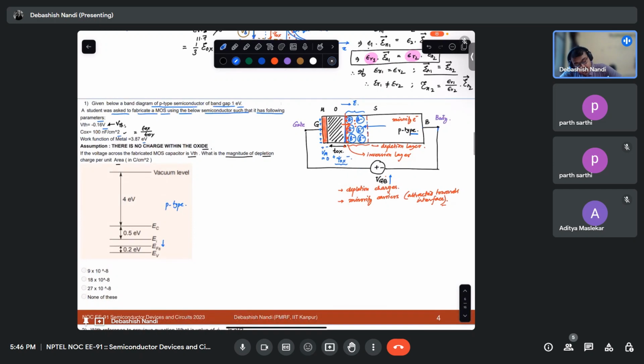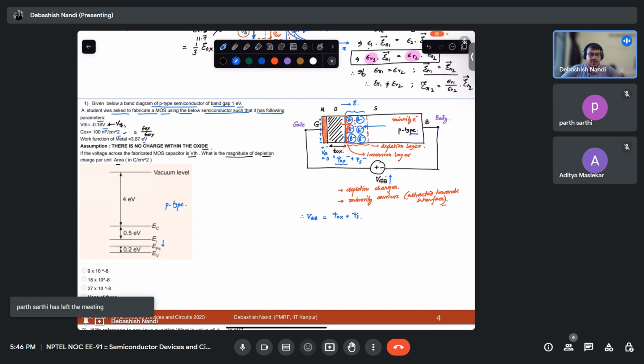So here also the same mechanism will be happening. The entire VGB will be dropped across your oxide and your semiconductor, some portion in the oxide, some portion in the semiconductor.